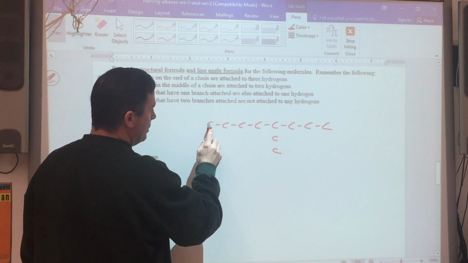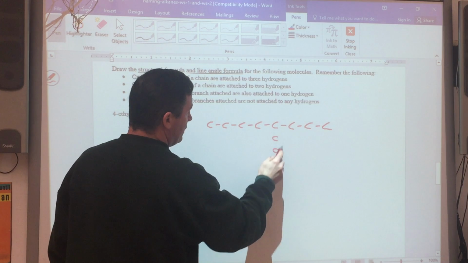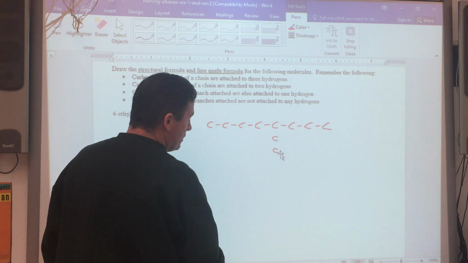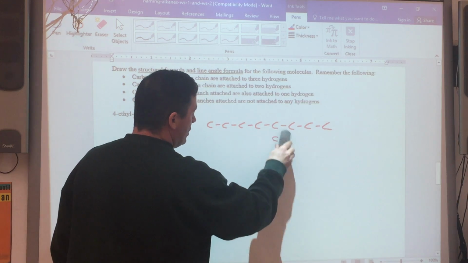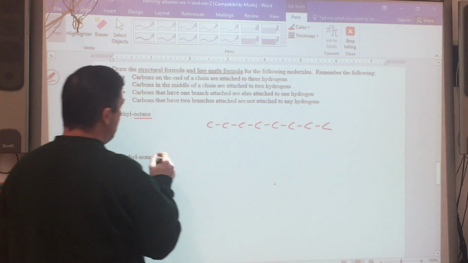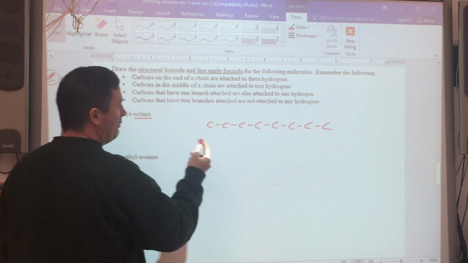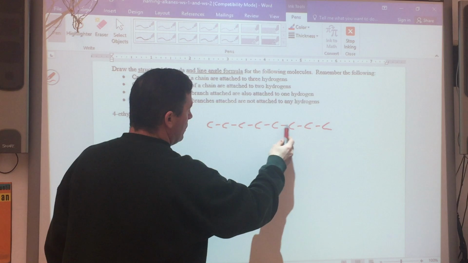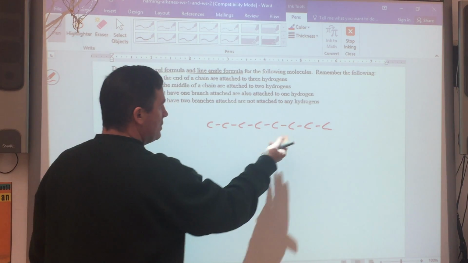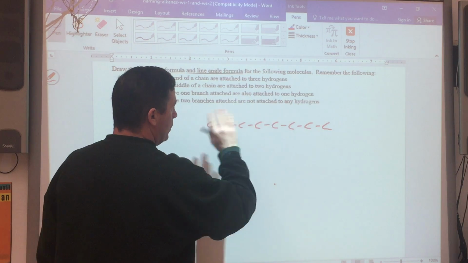And then I'll count 1, 2, 3, 4, 5, 6, 7. 1, 2, 3, 4, 5, 6. So that's not my longest chain anyway. So I'm going to put the ethyl on number 4. So 1, 2, 3, 4, 1, 2, 3, 4. It doesn't really matter because it would be symmetrical.